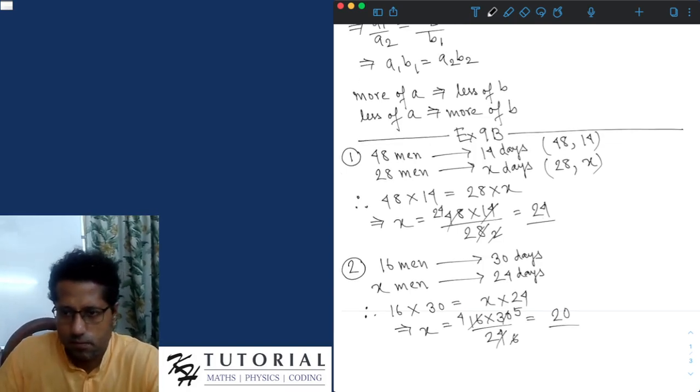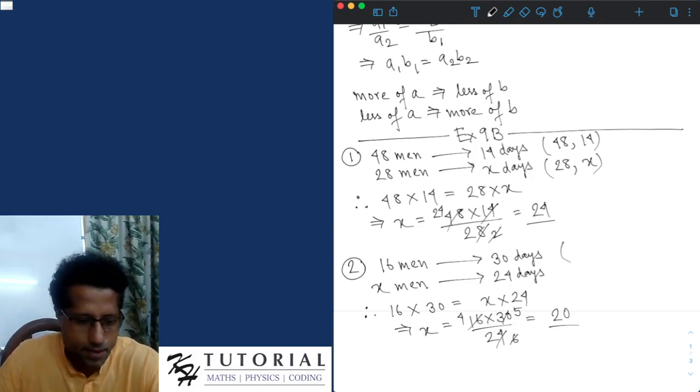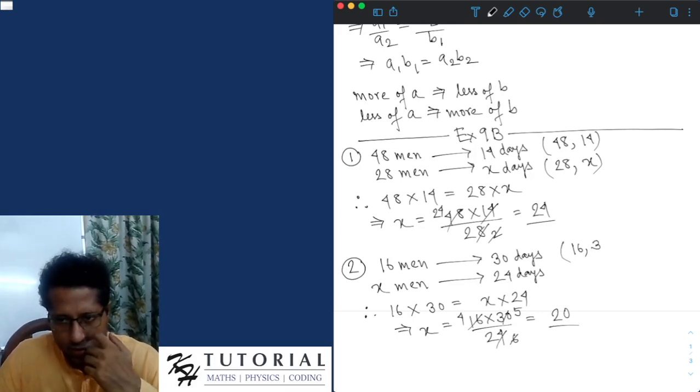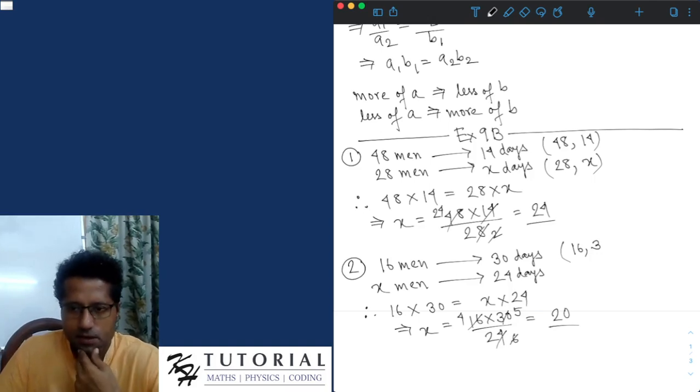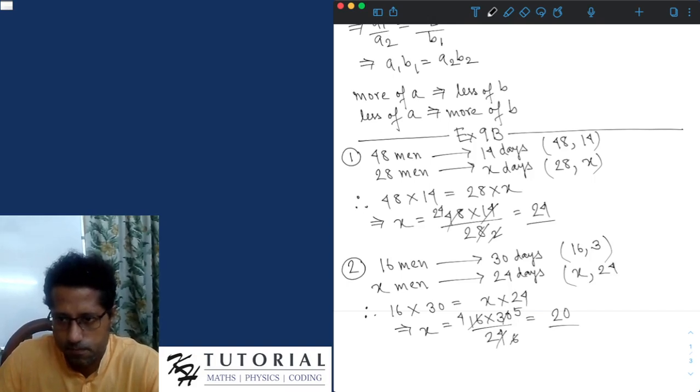So over here in the first information, the values of the quantity A and B are 16, 30, where the quantity A in this problem is the number of men and the quantity B is the number of days to reap the field, and in this case it was X, 24.